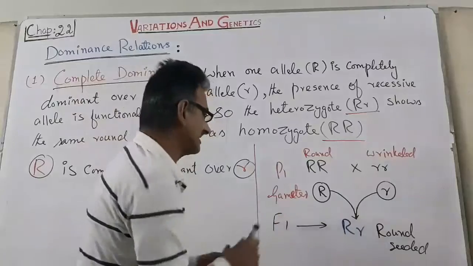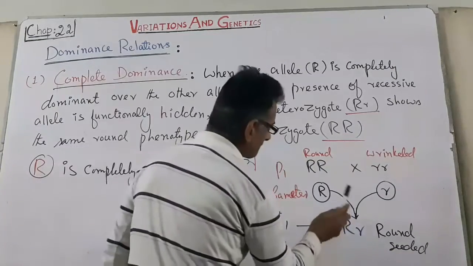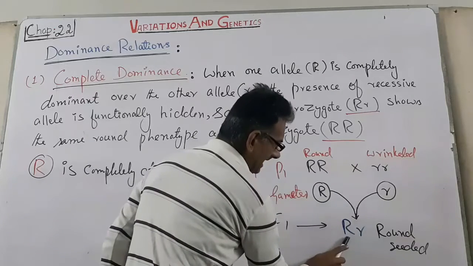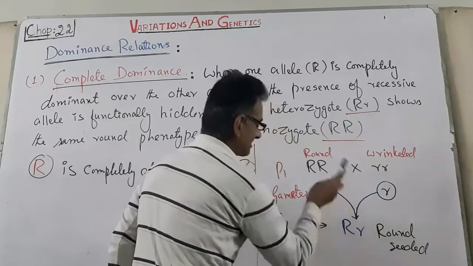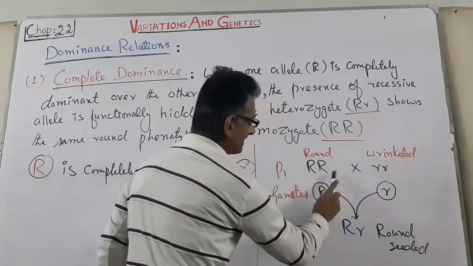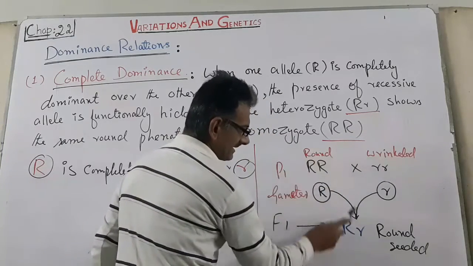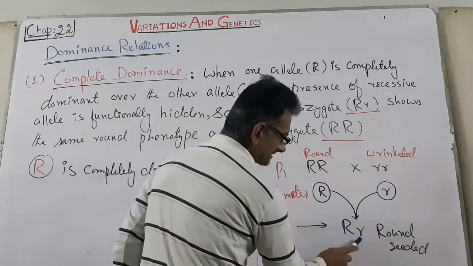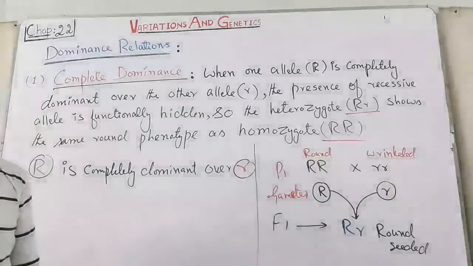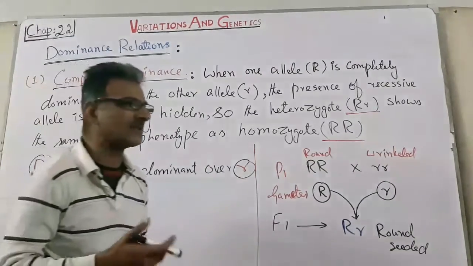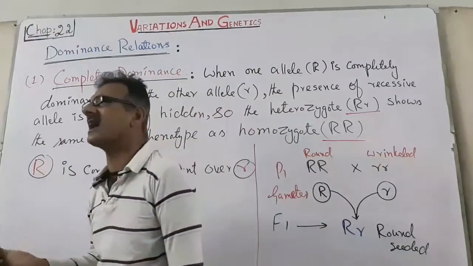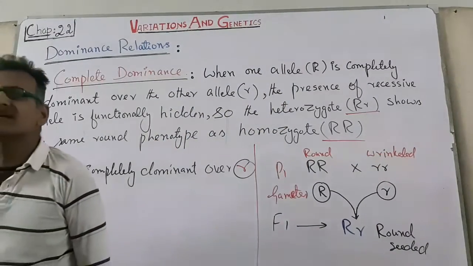And so we see that the phenotype of the capital R genotype and the capital R small r genotype is the same. Capital R is a round plant and capital R small r is also a round plant, and so this is the complete dominance of one allele over the other allele.